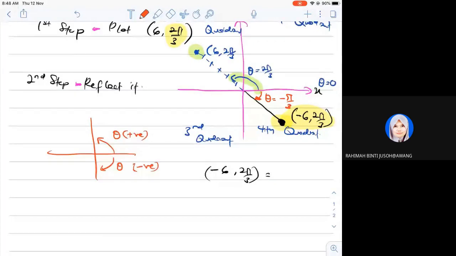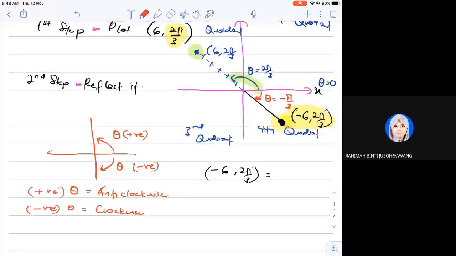Anti-clockwise, positive angle. Clockwise, negative angle. So in this case, the red color is clockwise, so we have a negative angle.